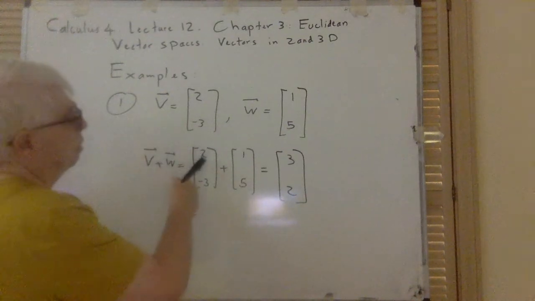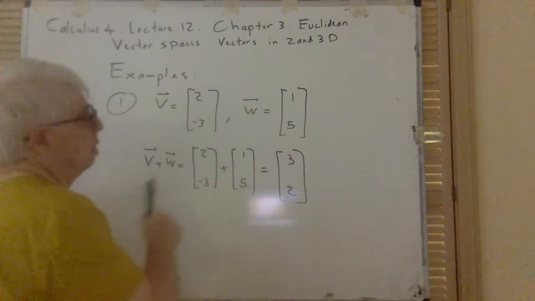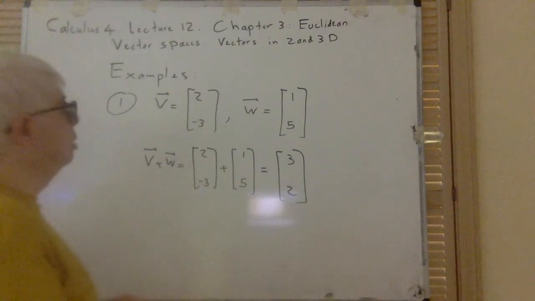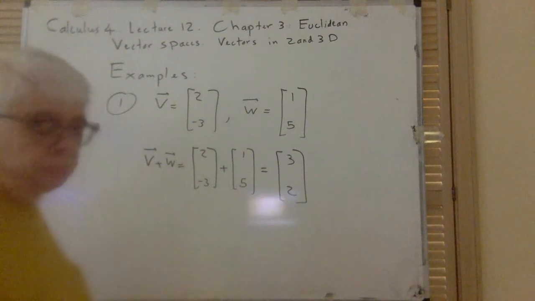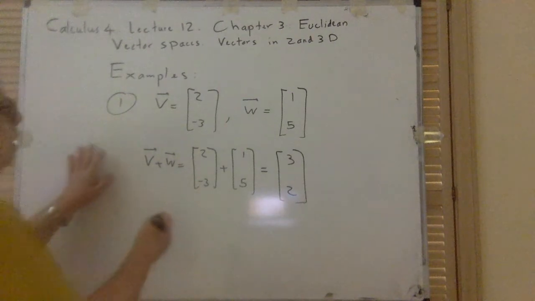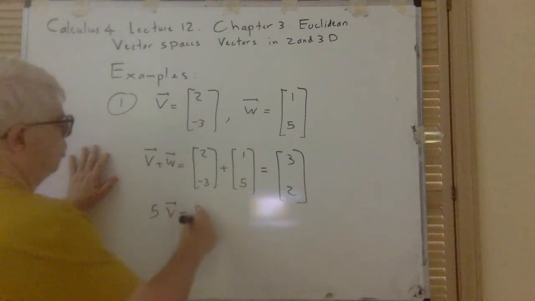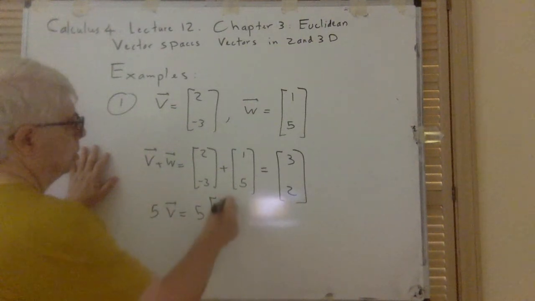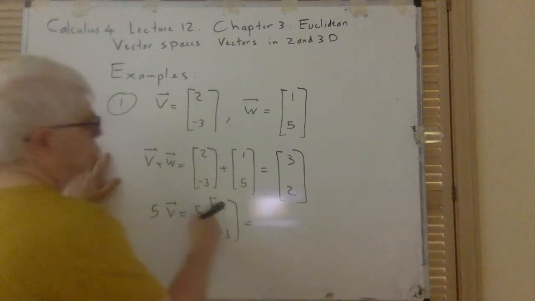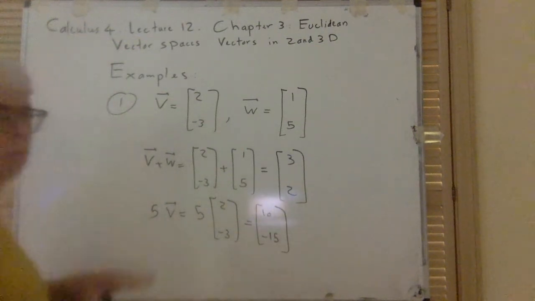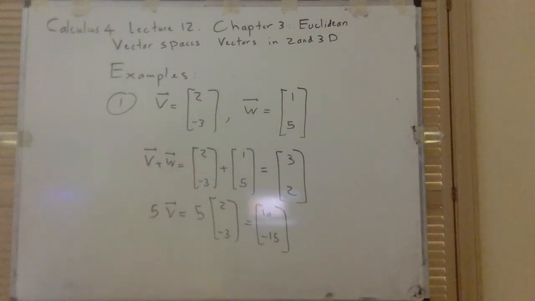So the coordinates are in fact here entries. Entry number 1, this is like A11, A21 or something, and they correspond to the x and y coordinates. Well, let's find 5V. So that's 5 times this matrix. You know how to multiply a constant by a matrix. That's 10, minus 15. So you see all that we learned in the last 2 chapters about matrices just applies here.